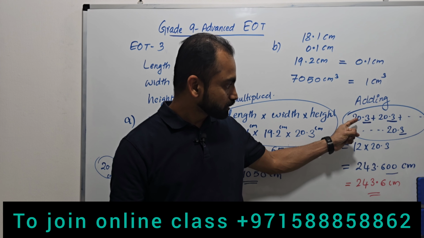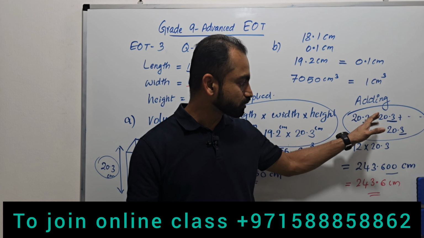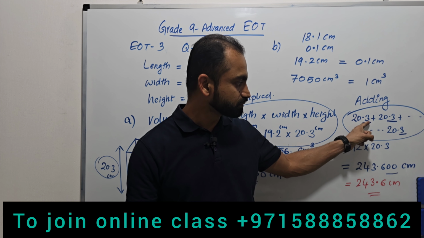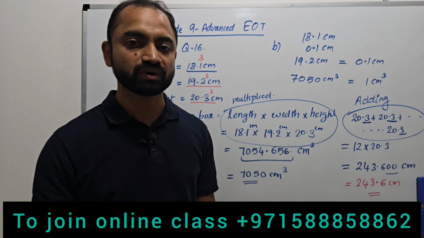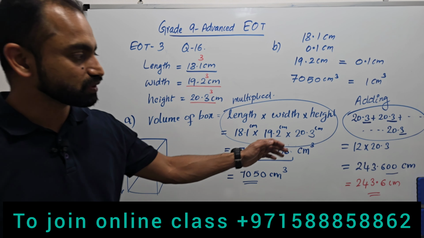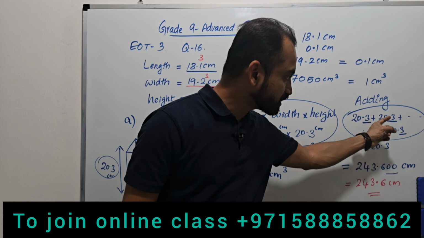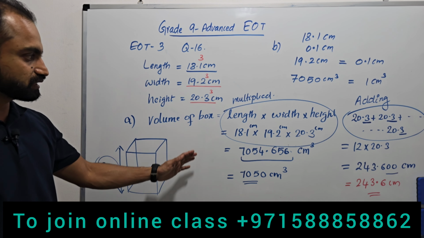Then our measurement and calculation is correct, because in the numbers we are adding, the smallest number of decimal places is 1. So our answer should also have 1 decimal place only, not more.